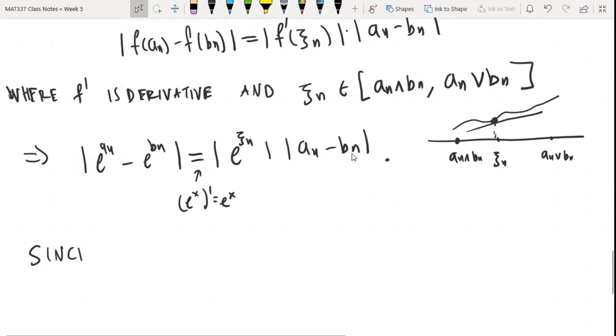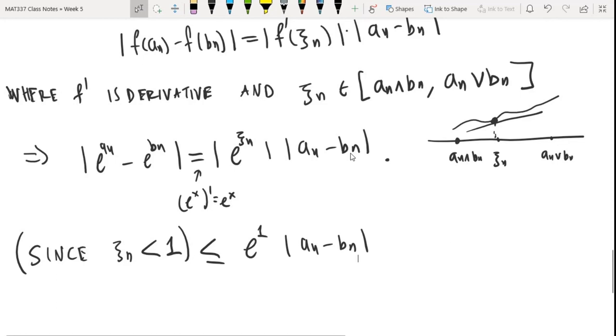Since psi n is less than 1, we get the inequality e to the 1 times an minus bn, and then we're done.